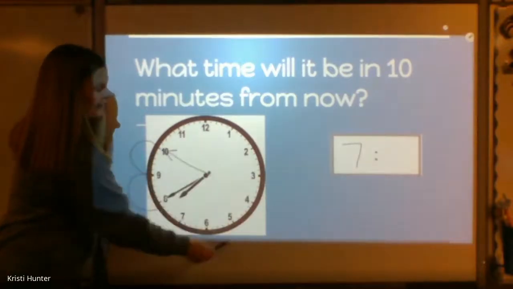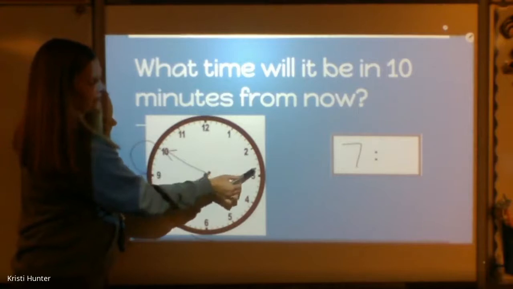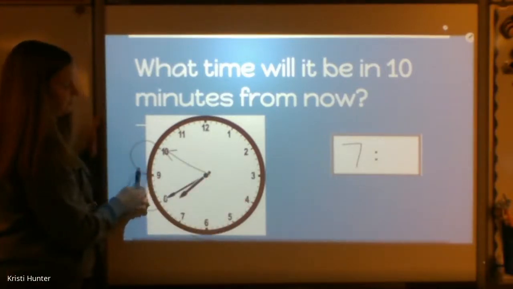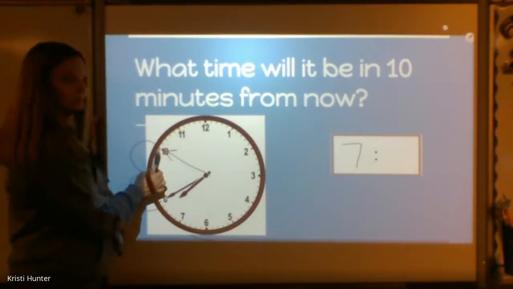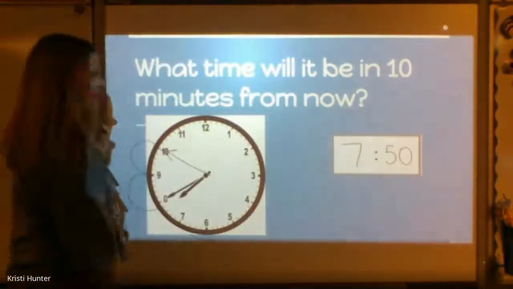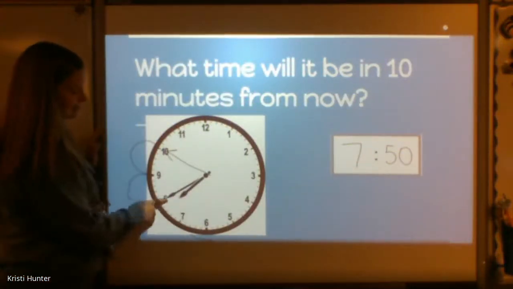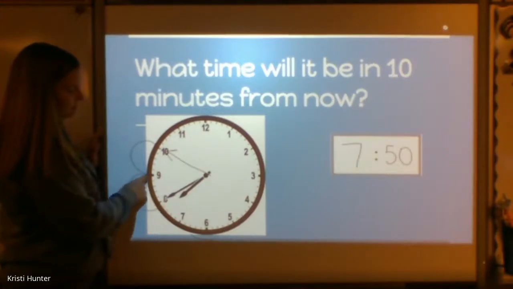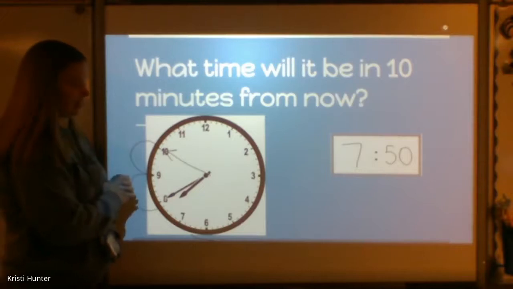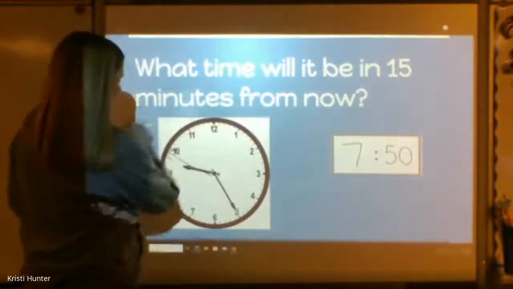So I'm going to have to count around and see how many minutes that is. 5, 10, 15, 20, 25, 30, 35, 40, 45, 50. So the time on this clock now says 7:50. So if I take a look, I started at 7:40, 10 minutes forward, and I am now at 7:50 on my clock.